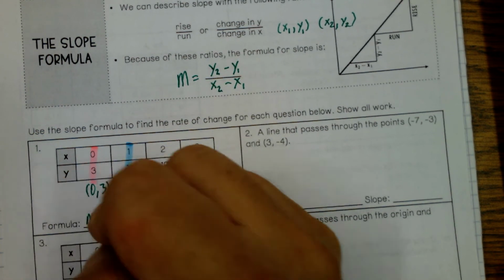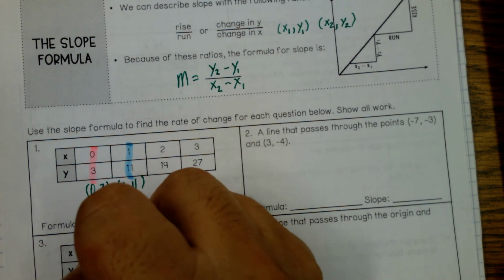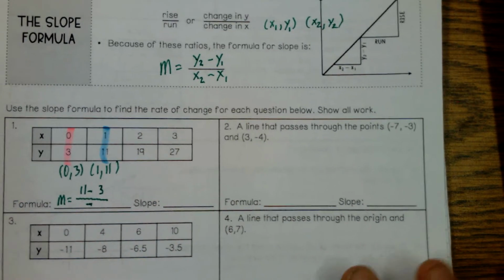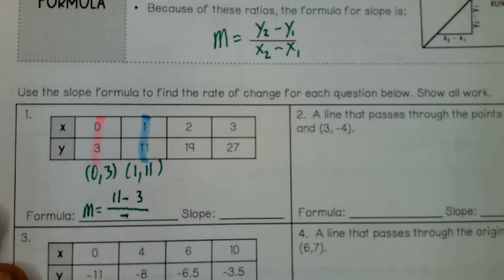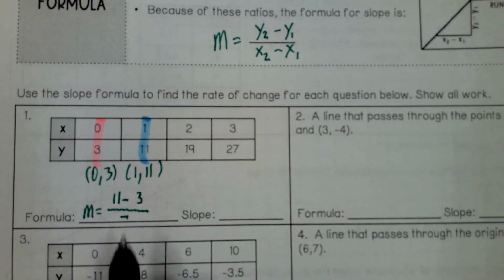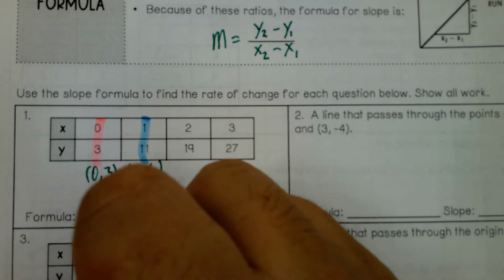I want y values. And then 11, and then I'll put the other one, which is 3. And then let me zoom in a little better. And on the bottom, we're going to have our x values. Which one should go here? 1. Take away 0.